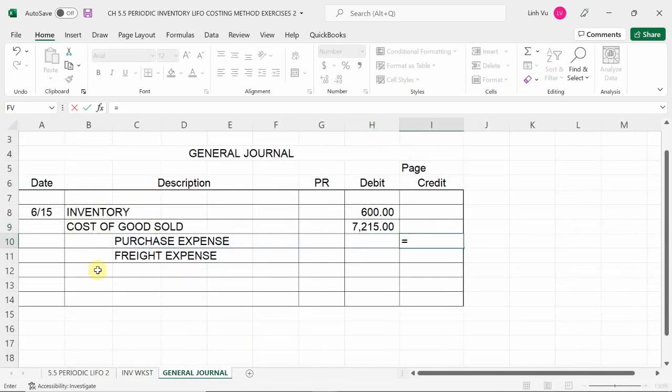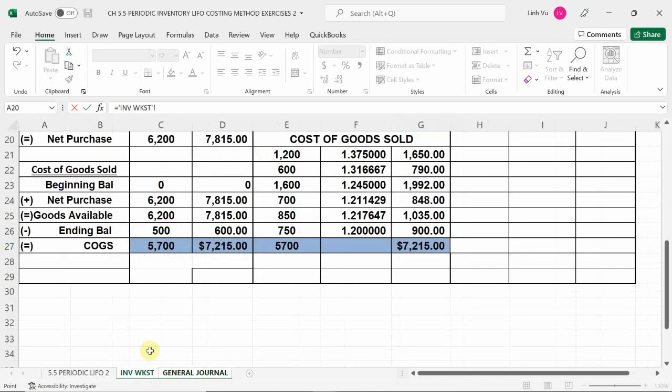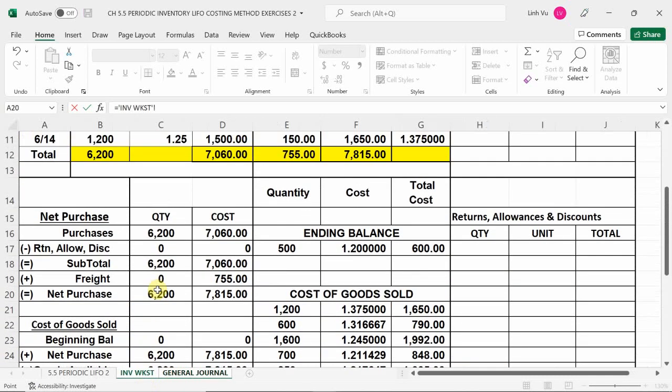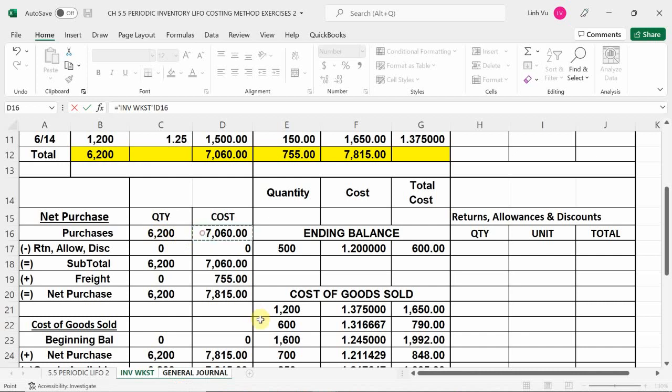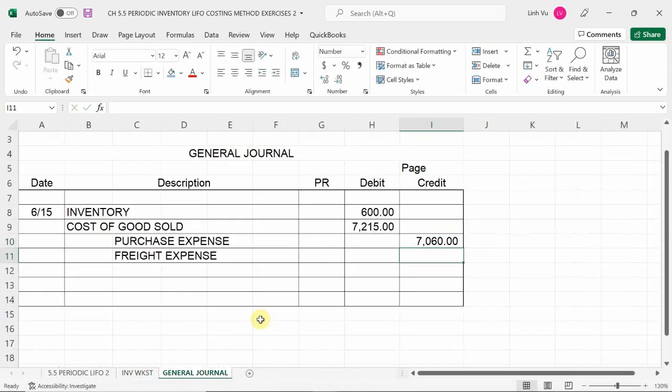What about my total purchase price? Net purchase is 7,815, but that includes the freight. I'm just looking at my purchase price. 7,060. Yes, because here I have to keep my freight separate. So now how much was my total freight?